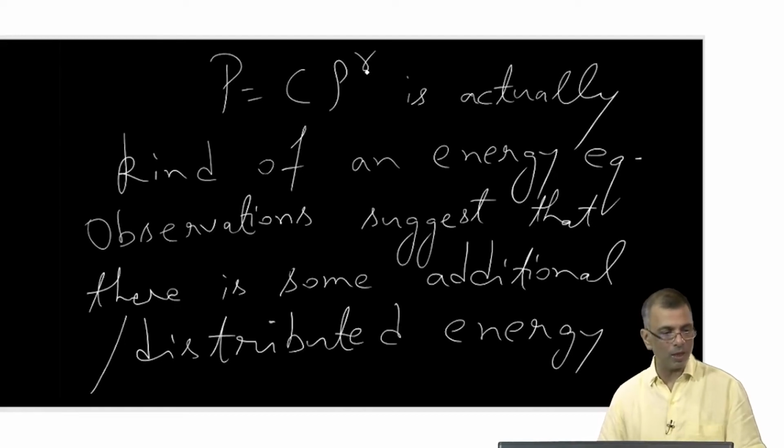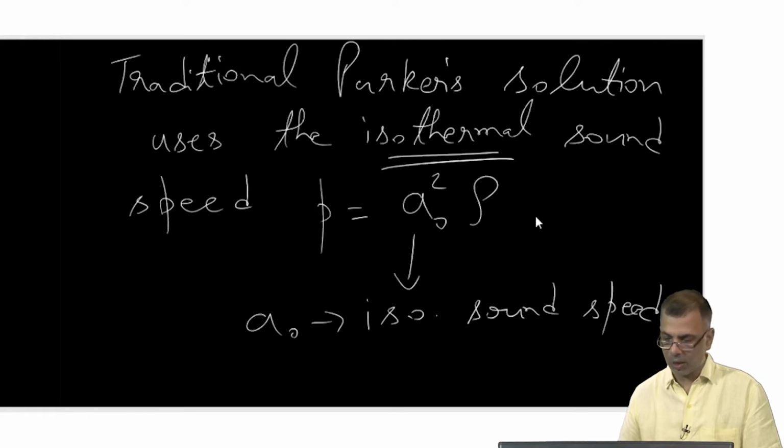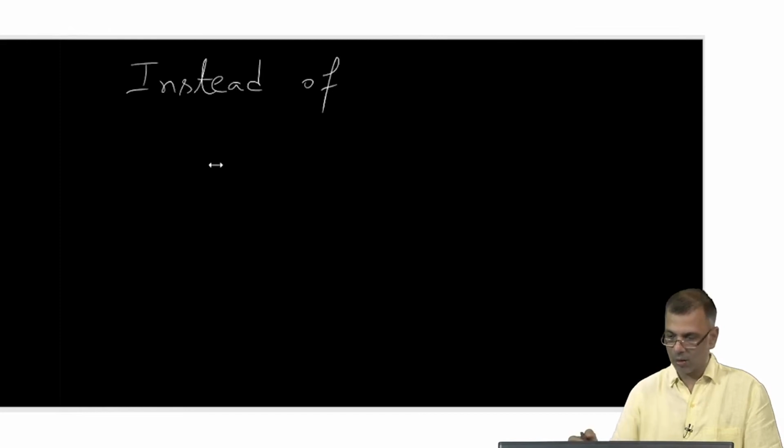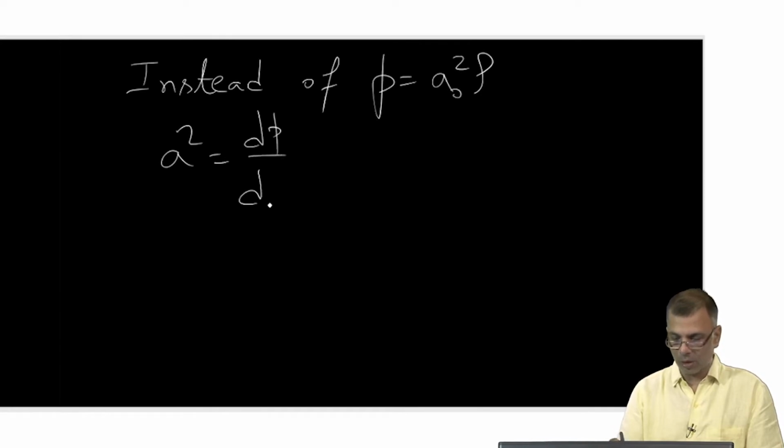So, the upshot is that one goes through this entire exercise and says, instead of writing, and I beg your pardon, instead of writing P equals A naught squared rho, we write A squared equals dP d rho equals gamma P over rho.